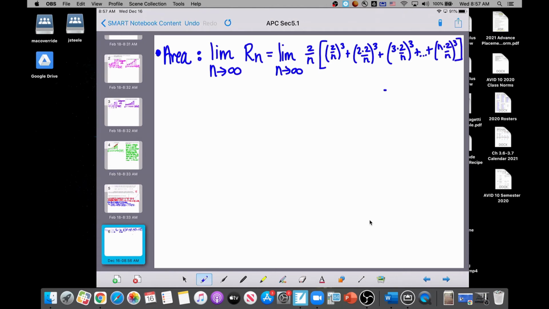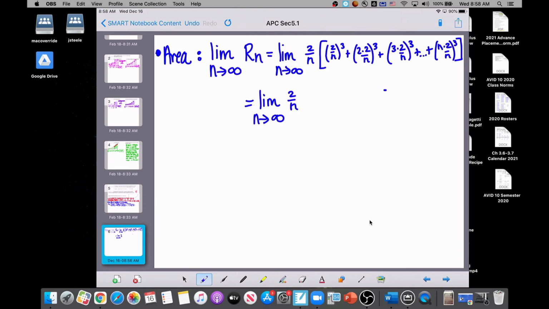Okay, and I can simplify this further by using summation notation. So I can say that this is going to be equal to the limit as n approaches infinity of, I still have that 2 over n in the front, but now all those things that are being added together, that's my sum, right?